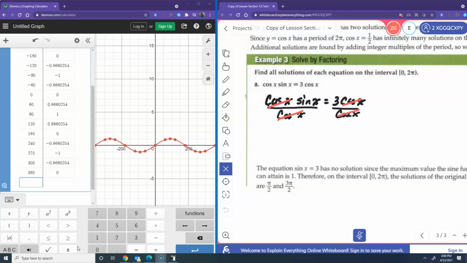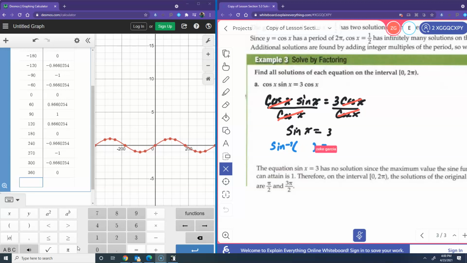So if I write this down, I have the tangent of x equals 3. Okay. So we want to know what will be the angle that will give us a ratio of 3. And if you know sine, you know that will never occur because it oscillates between 1 and negative 1.